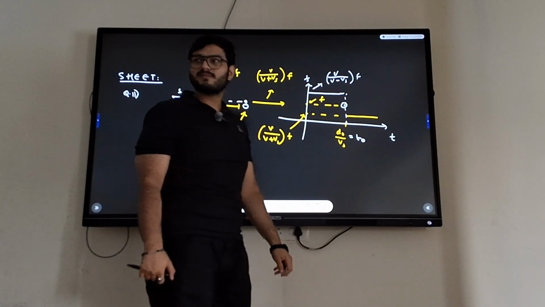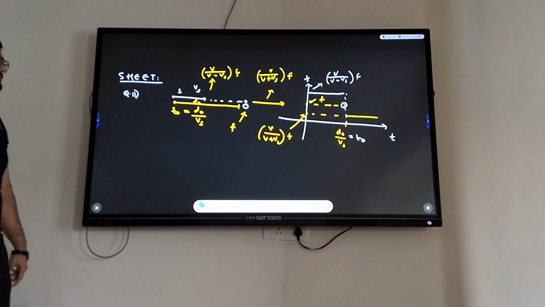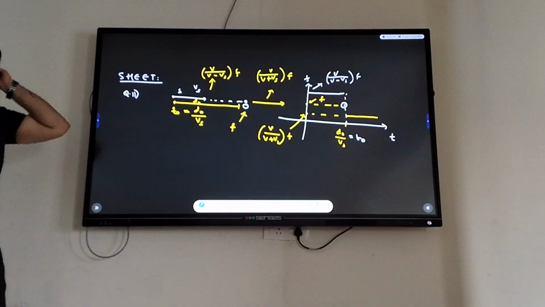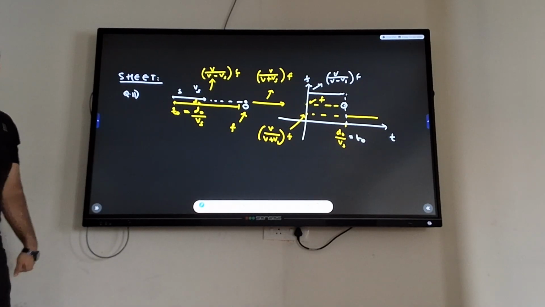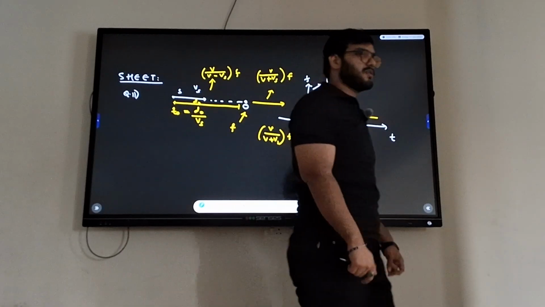Does it make sense? Yes, Swanan, understood? If there is anybody who did not understand, then please ask. This is the frequency versus time graph as a source is moving towards an observer.